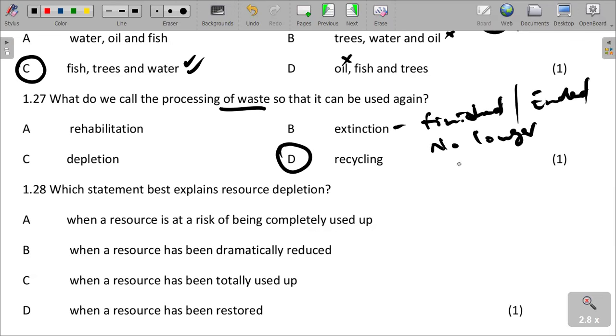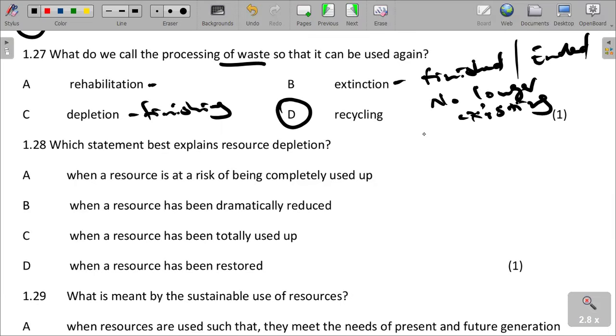Rehabilitation means trying to rebuild again. Depletion is also finished. You understand? And then the answer is what? The answer is D.